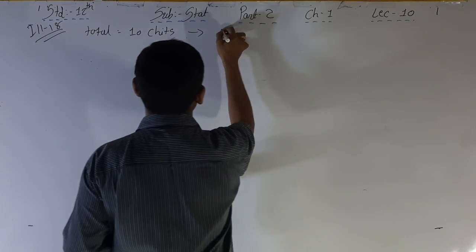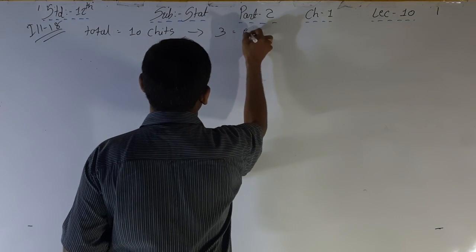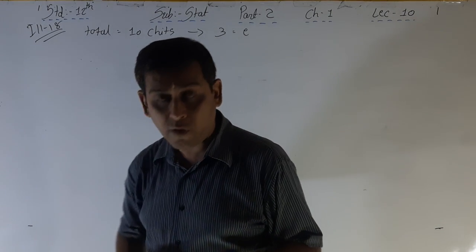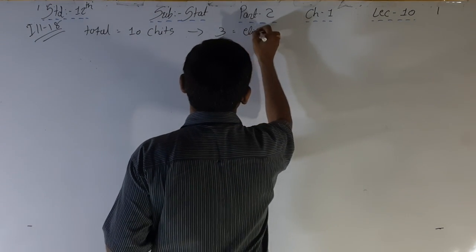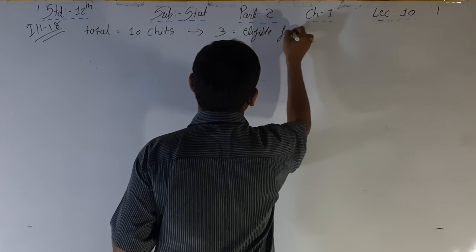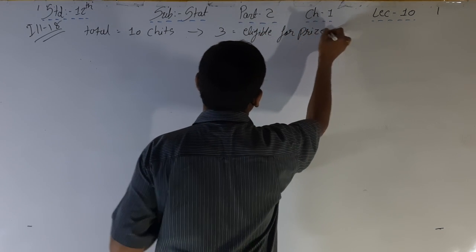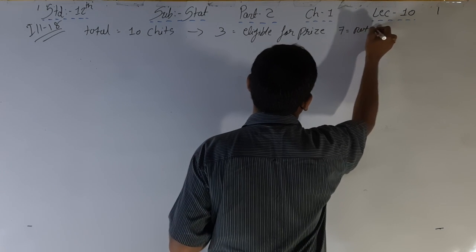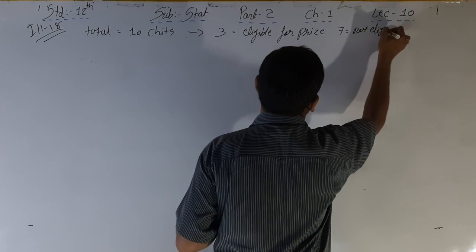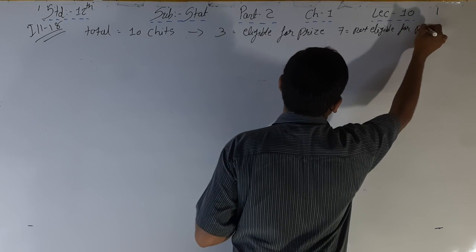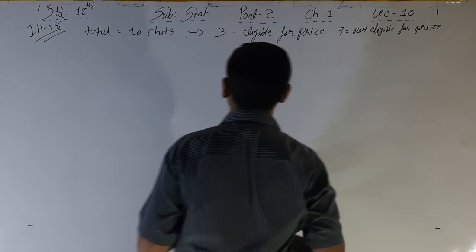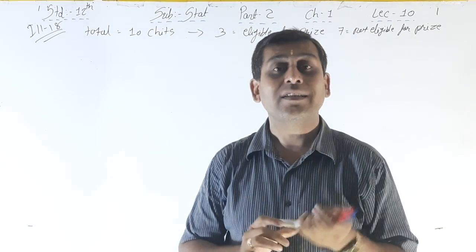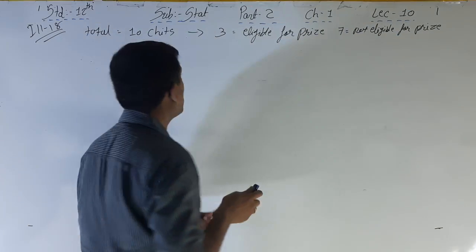Out of them, 3 are eligible for prize, and 7 not eligible for prize. Okay, so total 10 chits. From that, 3 are eligible for the prize and 7 are not eligible for the prize.